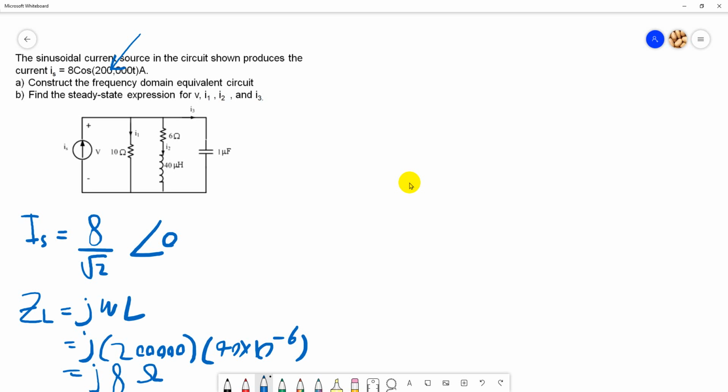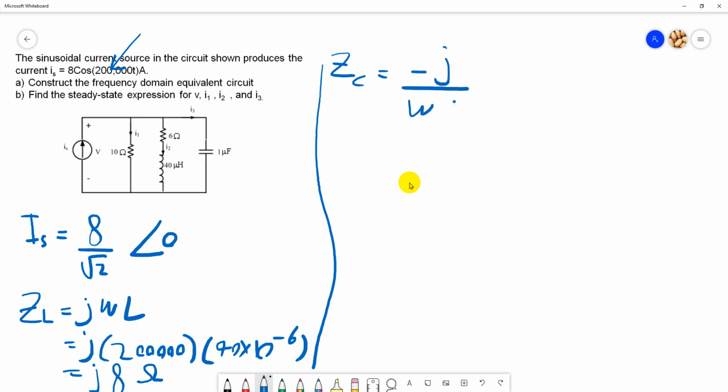Then you calculate the capacitor. So the capacitor, ZC, is equal to negative j divided by ωC. So ωC is negative j divided by 200,000 multiplied by 100 times 10 to the negative 6.